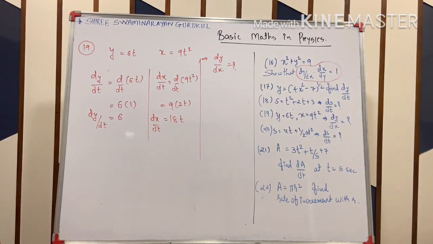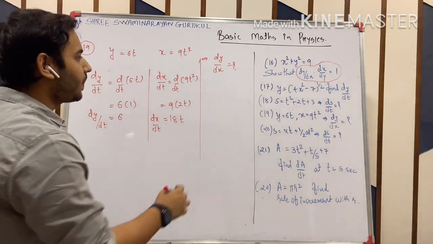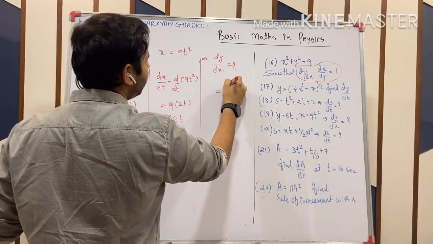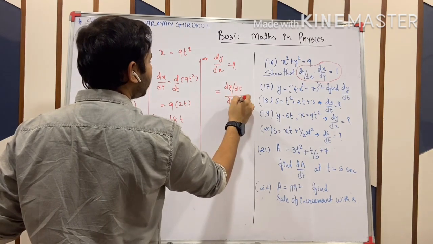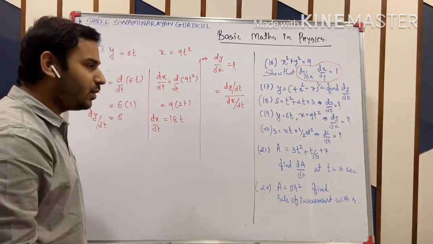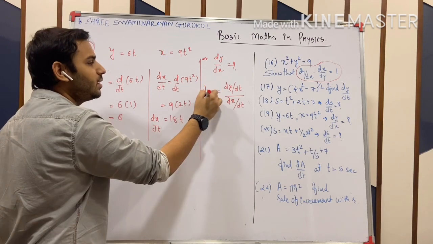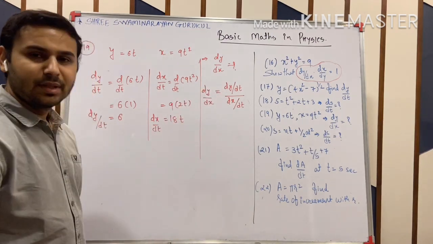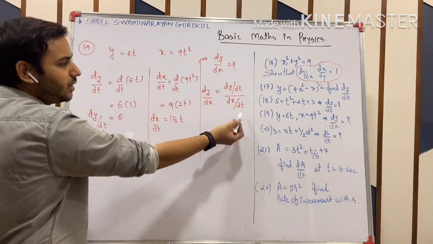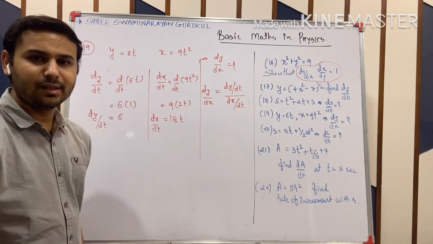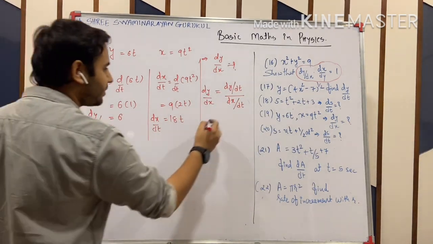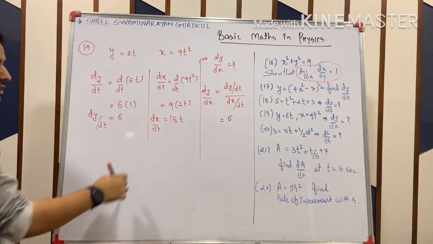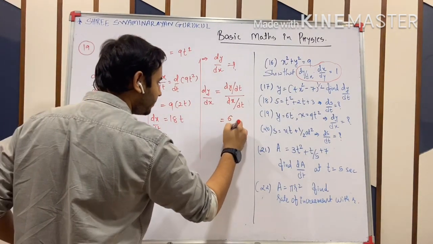Now what do you need to find? dy by dx. You can write dy upon dt upon dx upon dt. You understood now what I did? This dy upon dx can be written as dy upon dt over dx upon dt. You can cancel this dt dt. So the value of dy upon dt is 6, and the value of dx upon dt is 18t.